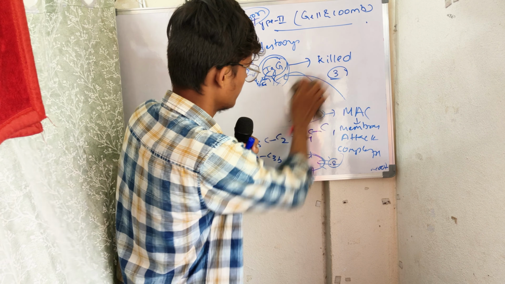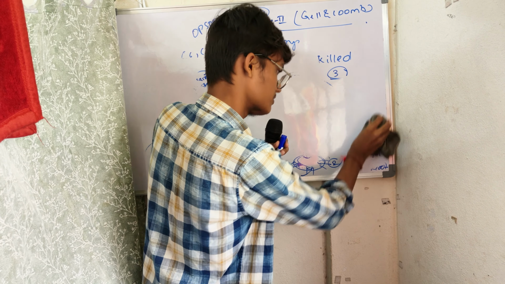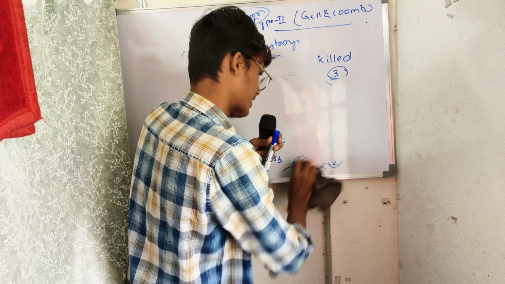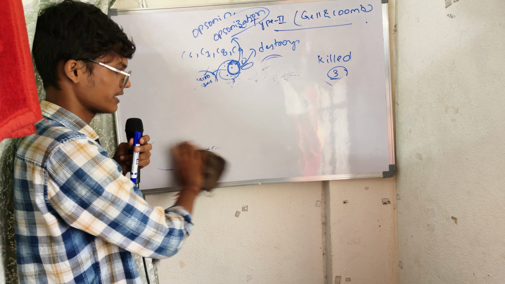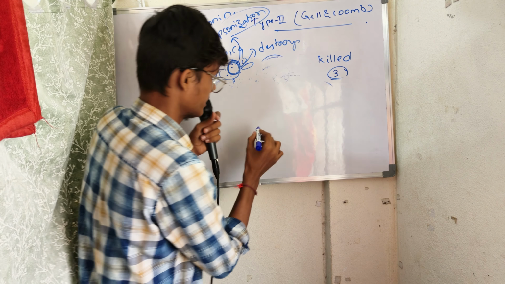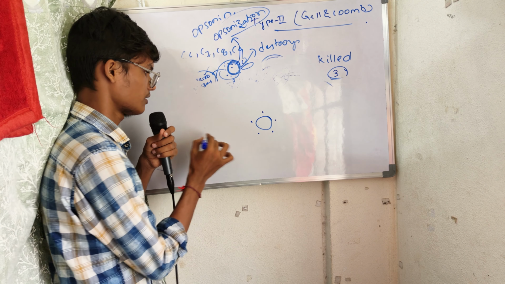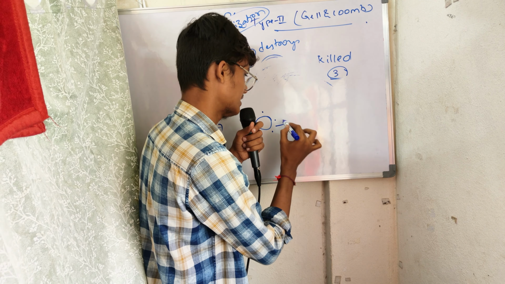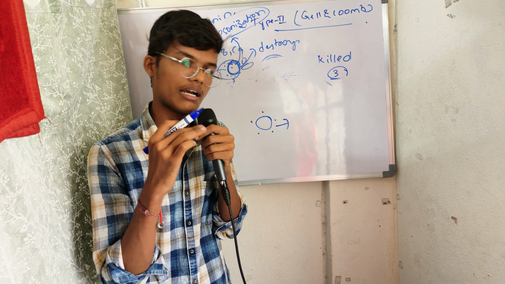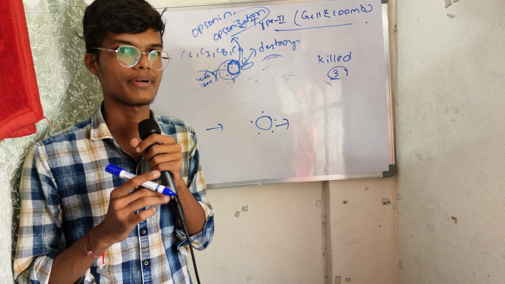See, if the cell is coated with antibodies, should it finally die, or is there any other outcome also? Should this cell compulsorily die, or can any other mechanism happen?